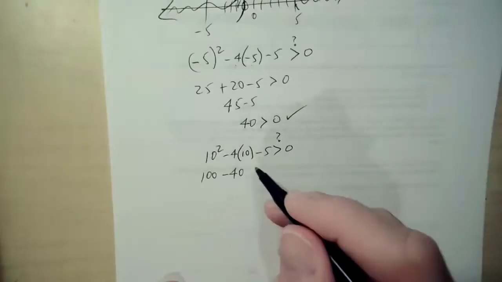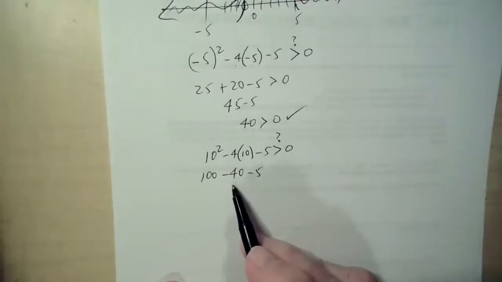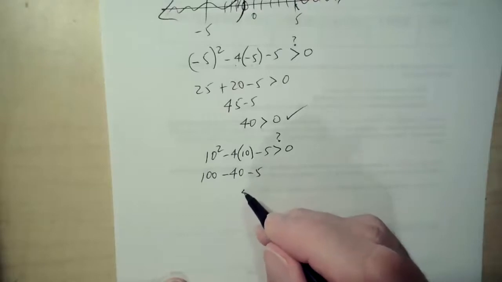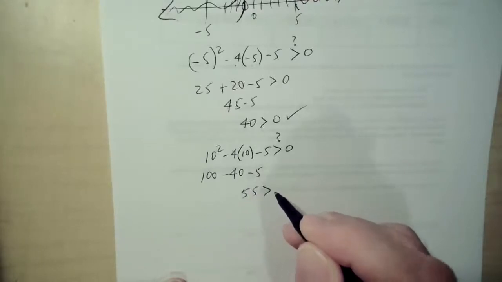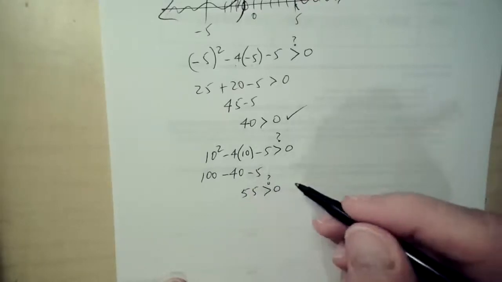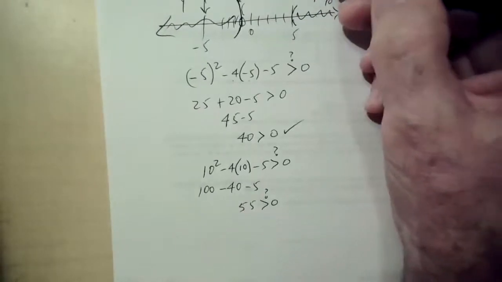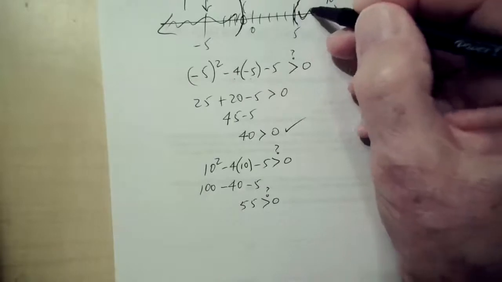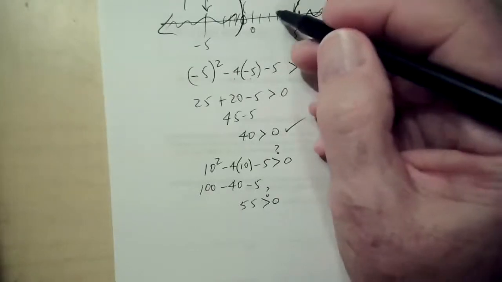Is that greater than 0? This is 100 minus 40 minus 5, so this is 55. Is 55 greater than 0? Yes. So this area here is also good.